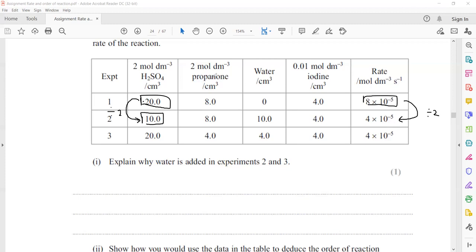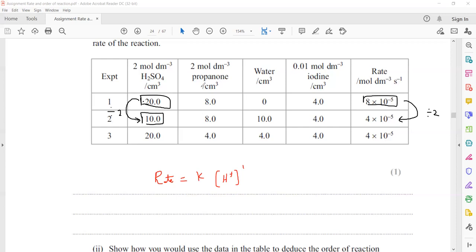So what can we conclude about the order of this reaction with respect to acid or hydrogen ion? If one is half, the other is also half. So we can say that the rate equals k times the concentration of hydrogen ion or acid raised to power 1.